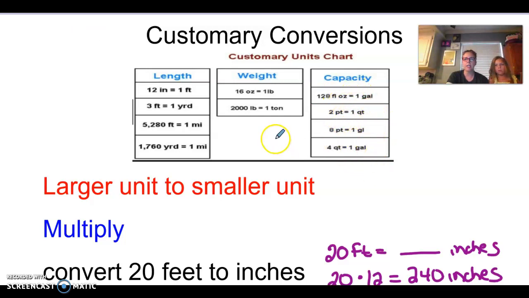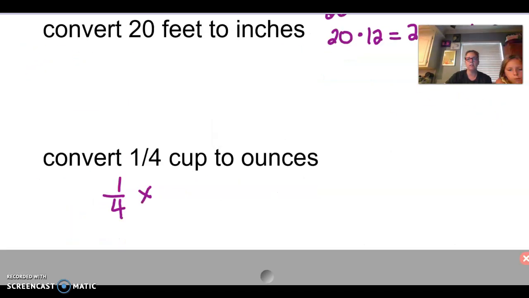Well, we don't have that on there, of course. I'm not sure why I didn't put this one on here, but there are 8 ounces in 1 cup. So we're going from larger to smaller, and we're going to multiply by 8.